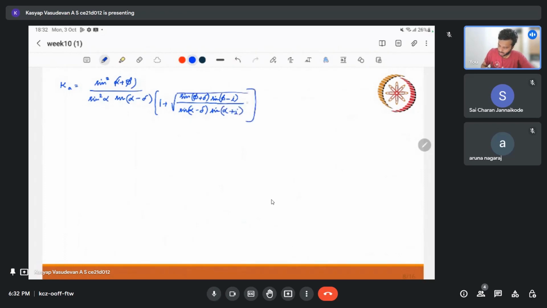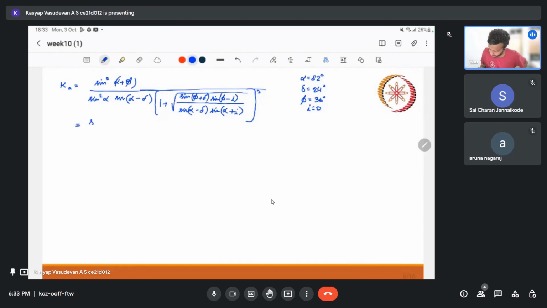This whole bracket squared. If we substitute the values, alpha is equal to 82 degree, don't confuse this alpha with our adhesion, which is a constant for our subsoil property. Delta is equal to 24 degree, phi is equal to 36 degree, and I is equal to 0. So let me substitute that.